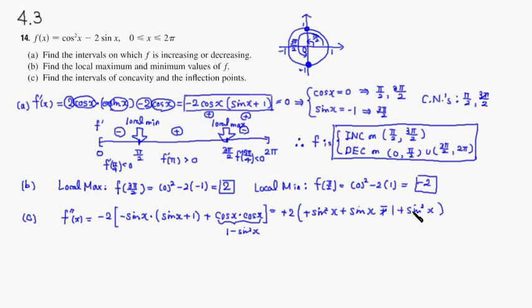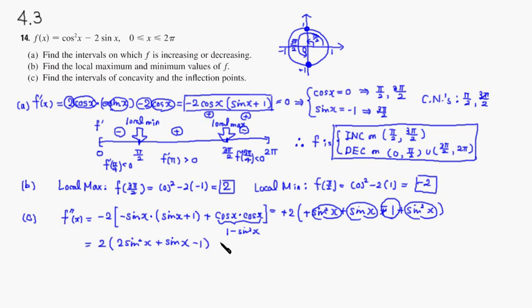So what you get is, there's a 2 in front. Then you have 2 sine squared of x, plus sine of x, minus 1.